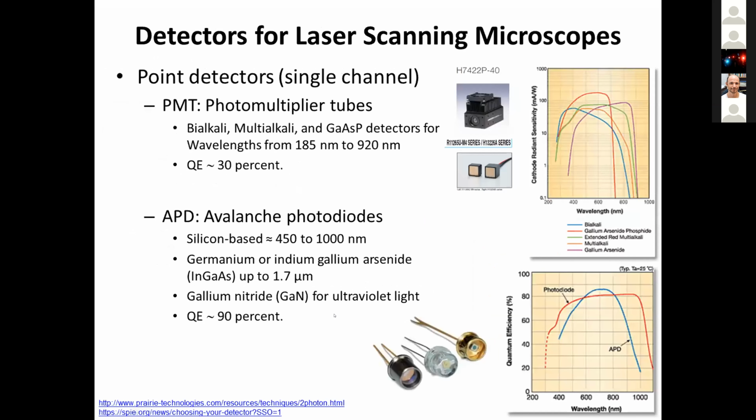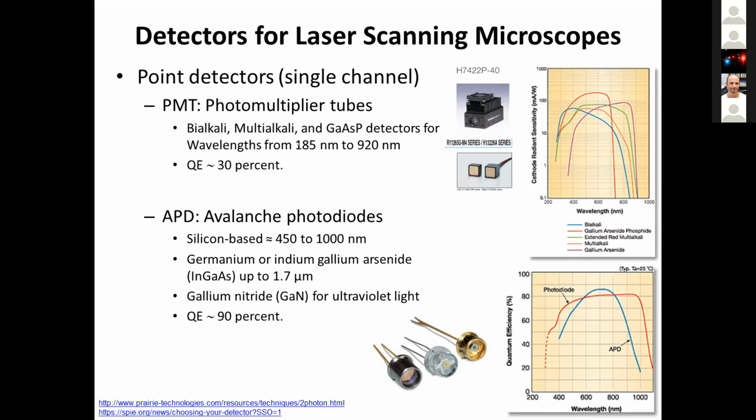So let's move on to the detectors. Considering the detectors, I will speak first about the point detectors, and we can split them basically into two main groups: the photomultiplier tubes and the avalanche photodiode detectors.